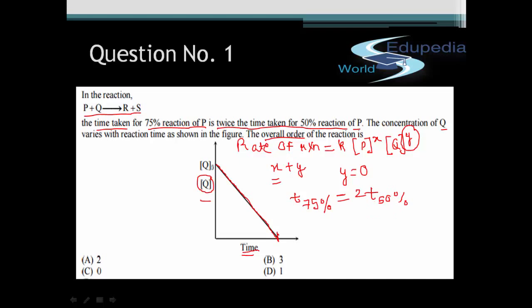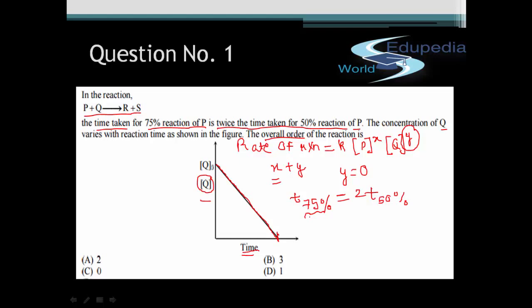Now T 50% can simply be considered as the half-life, or the time in which the concentration is halved, and similarly T 75% can be considered as the time in which 75% of the reaction is over.